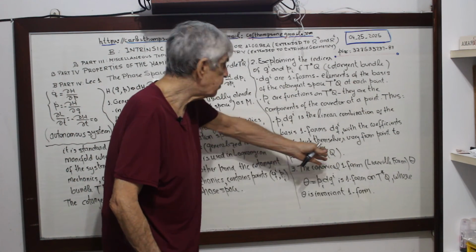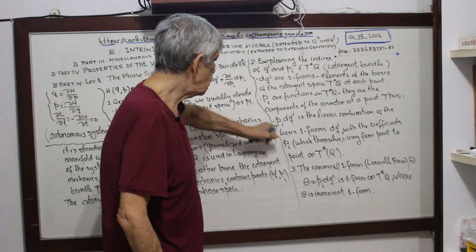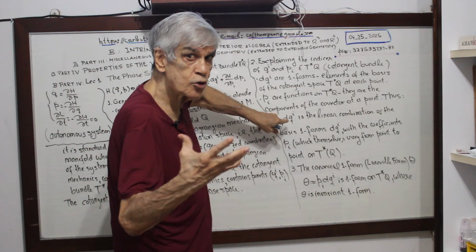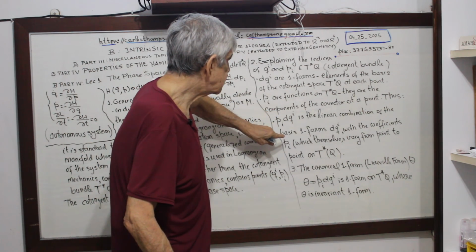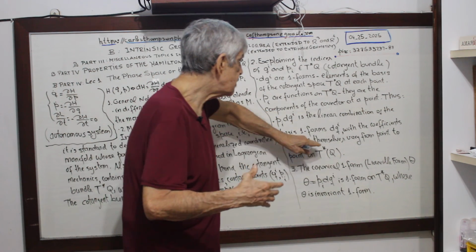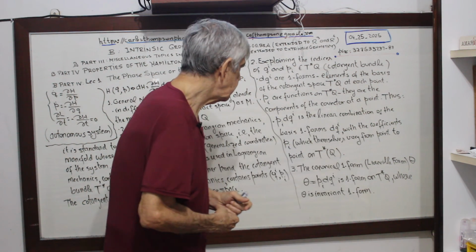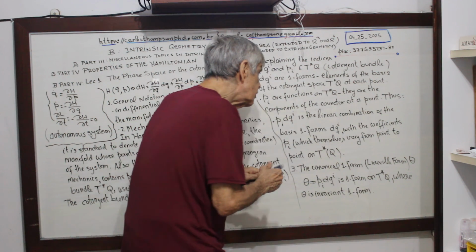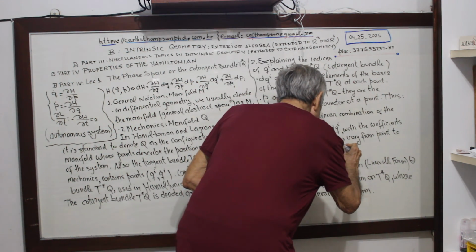That's why we represent the bundle. These terms in the summation vary from point to point. Don't forget that this is cotangent.